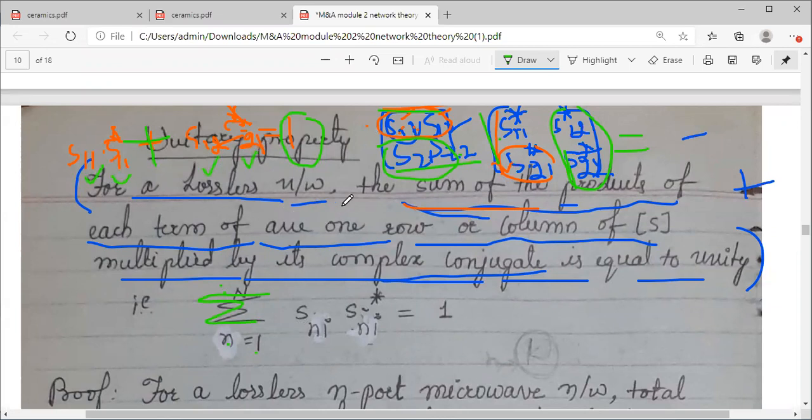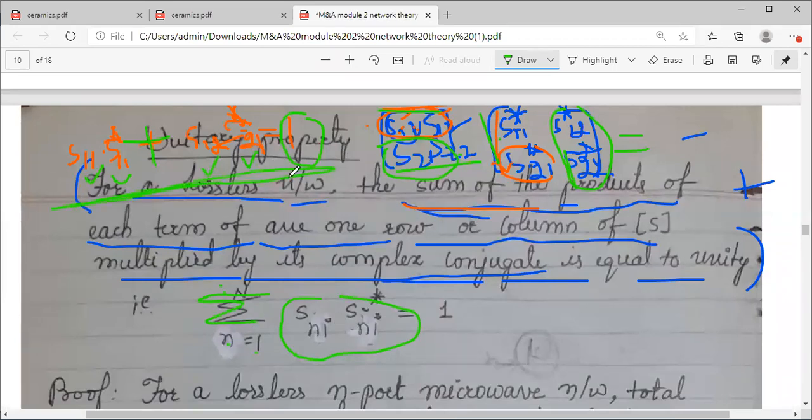Likewise, if you continue this, generally I can write it like this: S_NI, N indicates the port number. For the first port it is 1, and for the second port it will be 2, like that up to n. So this is a generalization of this.